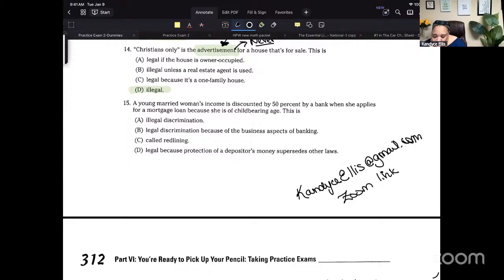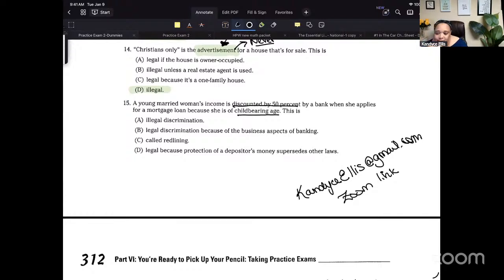15. A young married woman's income is discounted by 50% by a bank when she applies for a mortgage loan because she is of childbearing age. This is a good way to get your butt kicked in the parking lot.